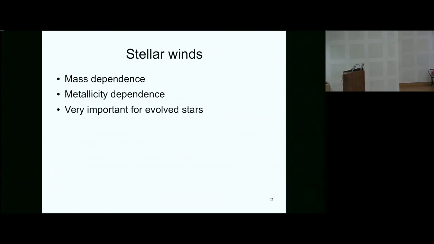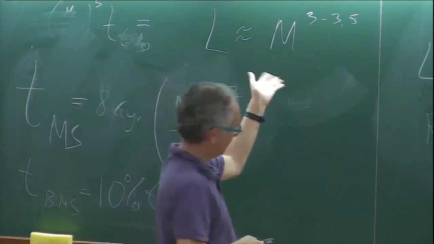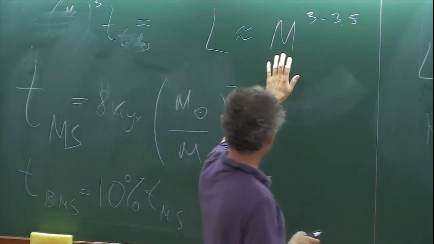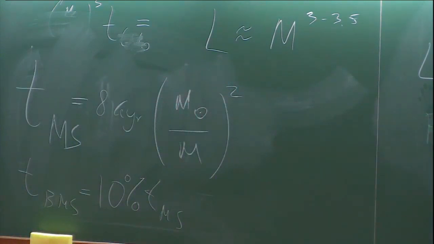The luminosity of a star scales as its mass to the power 3 to 3.5 over a large span of masses. So if you have much higher luminosity, there is much larger radiation pressure, and the amount of wind that is taken out of a star is becoming much larger.